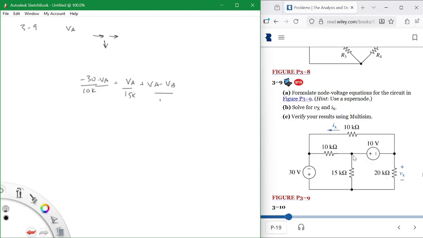So the equation for this one is the current going in here is that. But now the current going in here, we don't know the current of this node.